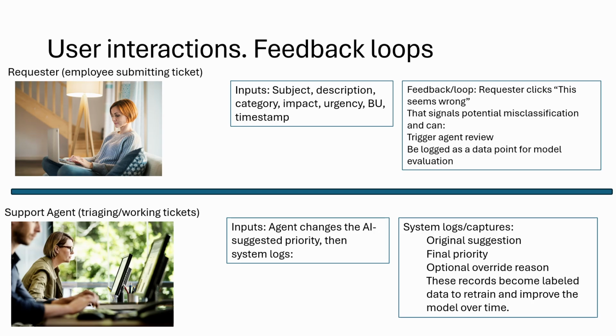Okay, so another mechanism is, of course, feedback loops and inputs. Very critical for human-centered AI. If a requester clicks "this seems wrong," that's a potential source, right? And they can fix what they perceive to be a misclassification. Agents can do the same, as I just mentioned. They can contribute that data in a very valuable way. As far as the inputs go, we want to make sure that we are only using in the model the non-sensitive inputs that we get.